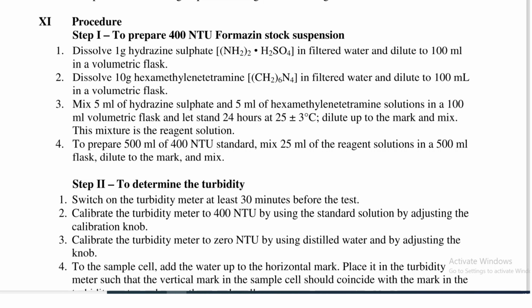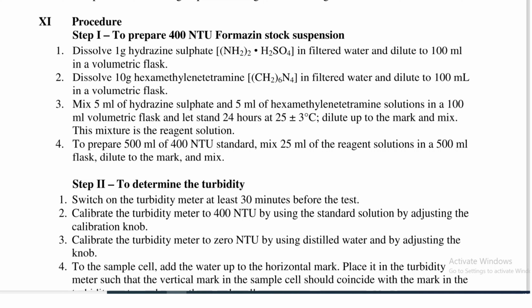For determination of turbidity, first switch on the turbidity meter at least 30 minutes before the test. Then calibrate the turbidity meter to 400 NTU by using standard solution by adjusting the calibration knob. Then calibrate the turbidity meter to 0 NTU by using distilled water and adjusting the knob.